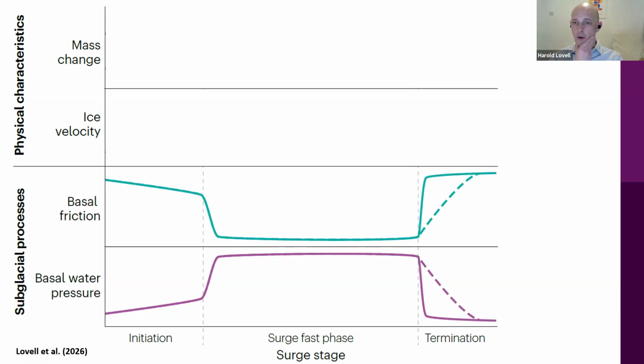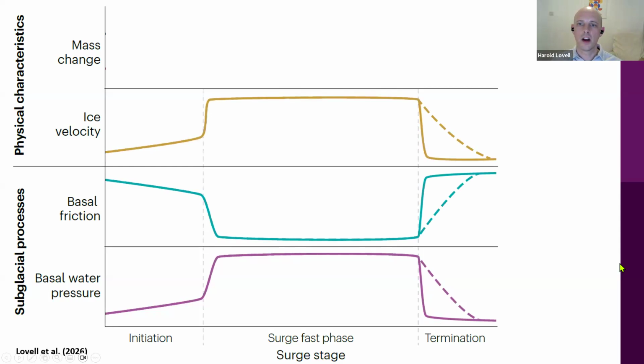Alongside that, we see the opposite mirror effect of basal friction, we can assume, where we're getting steadily decreasing friction and then suddenly a big reduction in friction to allow the high ice velocities that we're seeing as enhanced sliding kicks in. And again, you see similarly tailing off at the end, the increase in friction matching a rapid decrease in velocities, particularly in some of these surges where we see a really quick drop off.